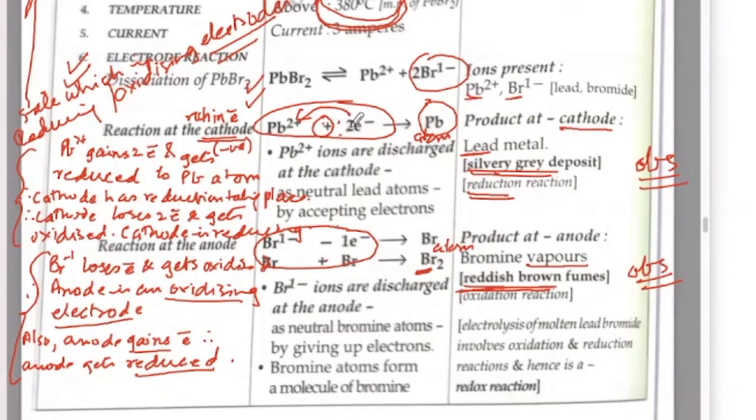If they are gained, then it is a reduction reaction. If lost, then it is an oxidation reaction. So you write separately that Pb2+ gets reduced and Br1- gets oxidized, and then you will say since oxidation and reduction take place simultaneously, therefore it is a redox reaction.